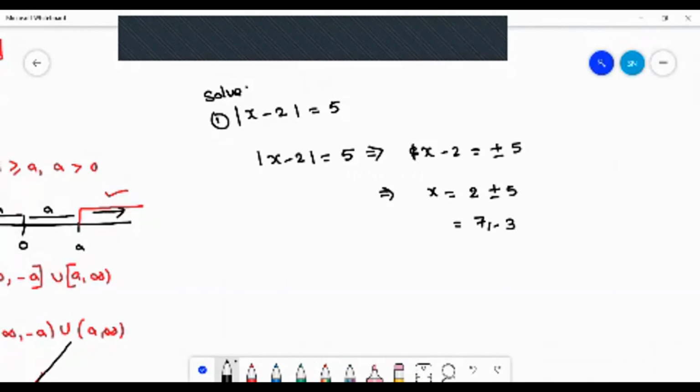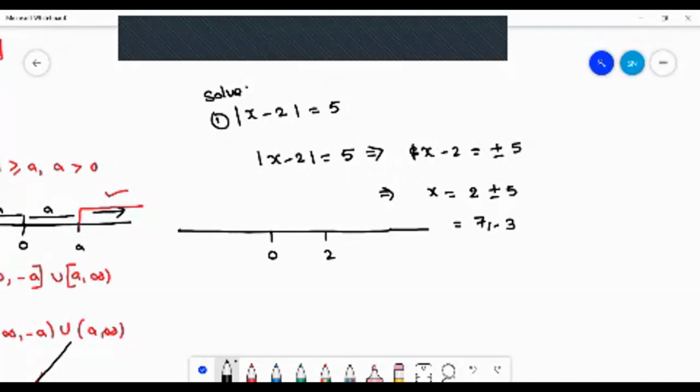Instead of making this mathematical calculation, you can just observe along the real line. This is 0, 2. Mod x means the distance away from origin. Mod x minus 2 represents the distance away from 2 along the real line, which is 5 units.